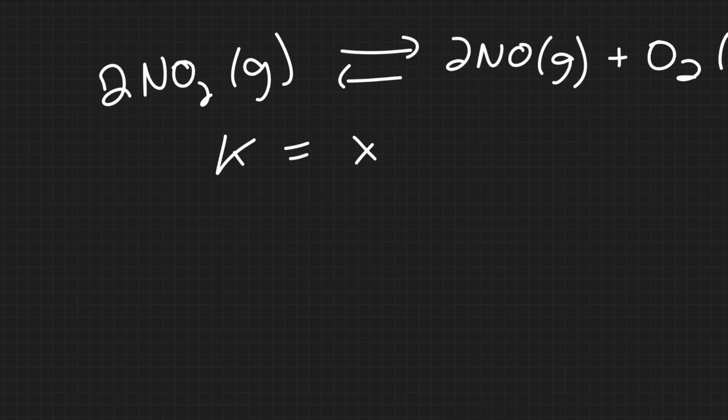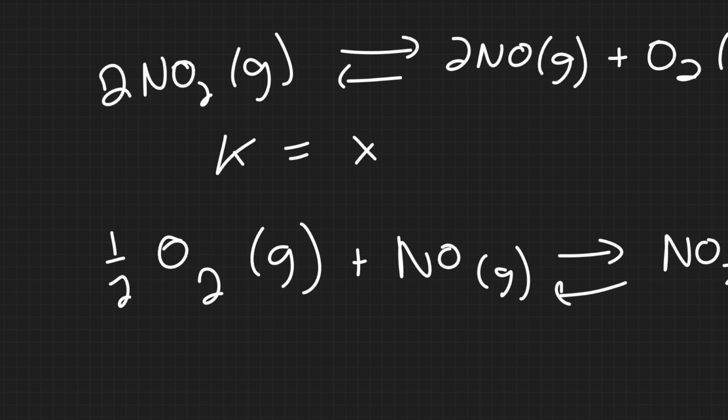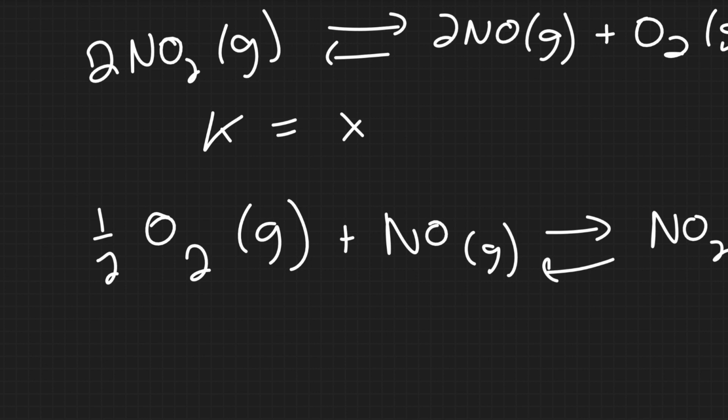Let's say I then write a different expression, so I'll do 1/2 O2 gas plus NO gas going to NO2 gas. So if we look here, what have we done? Well, the first thing I can notice is that this used to be 2, now this is 1. This used to be 1, now this is 1/2. So we multiplied by a factor of 1/2.